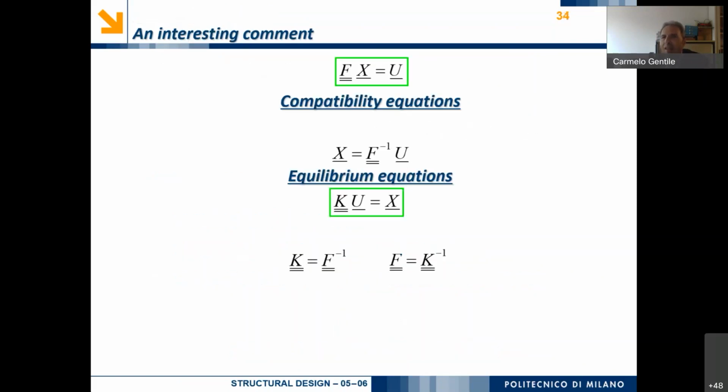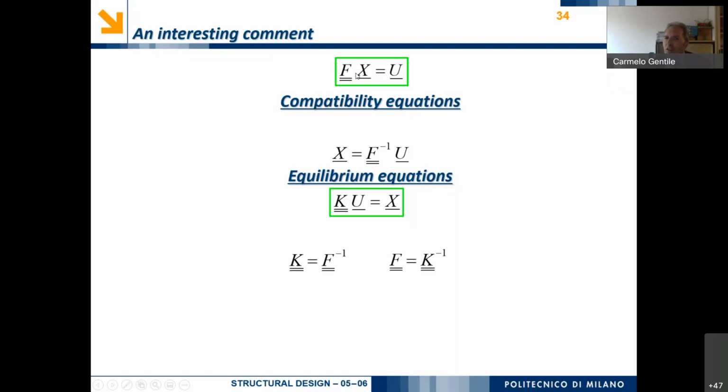But it is interesting also to observe this compatibility equation, because here, corresponding to the vector x, we have some generalized forces. And corresponding to the known term, we have some generalized displacement.